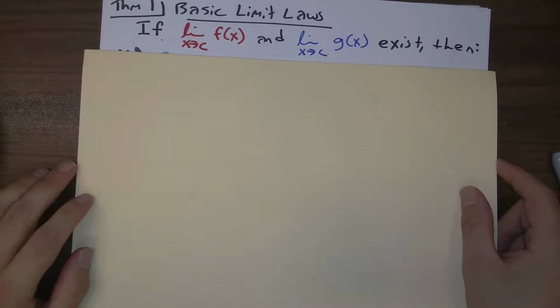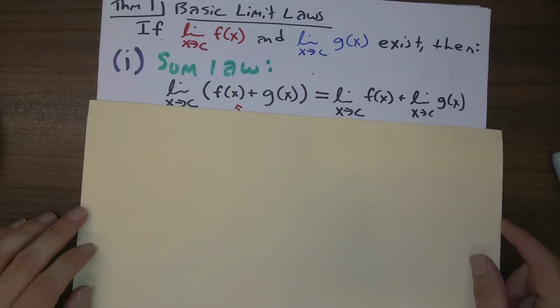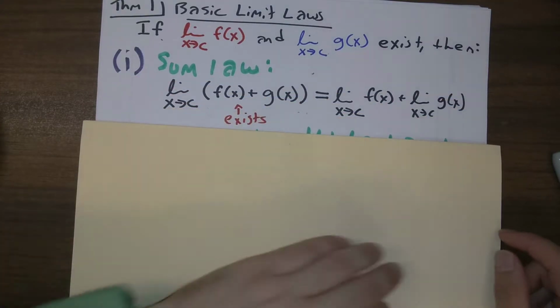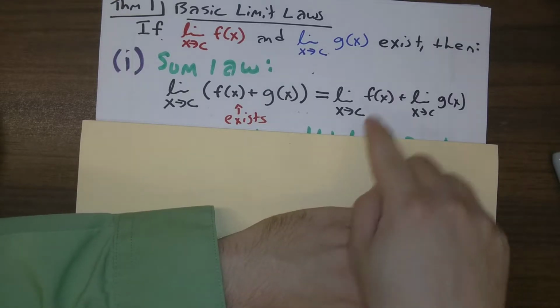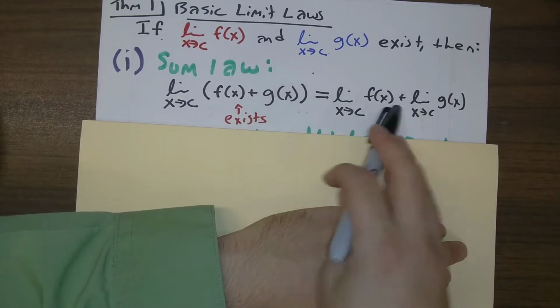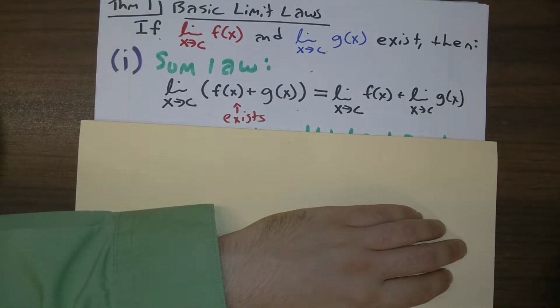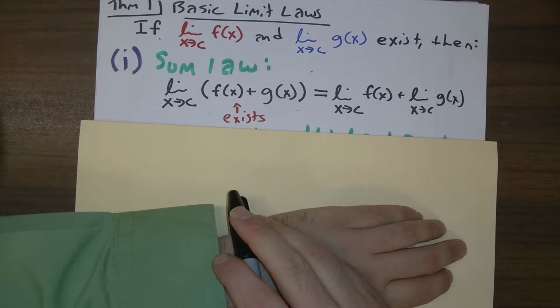There are lots of things that we can find from this. The first thing is we have a sum law, which just says that the limit of the sum of f of x and g of x exists, and it's equal to the sum of the limits. So there are actually 2 statements in here. If you look at the textbook, it will write it out in a little bit more detail than I'm doing. I'm writing a little bit more succinctly, but I do want to emphasize that there are 2 statements here.